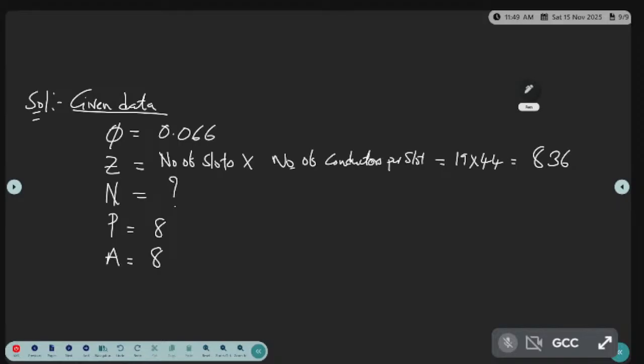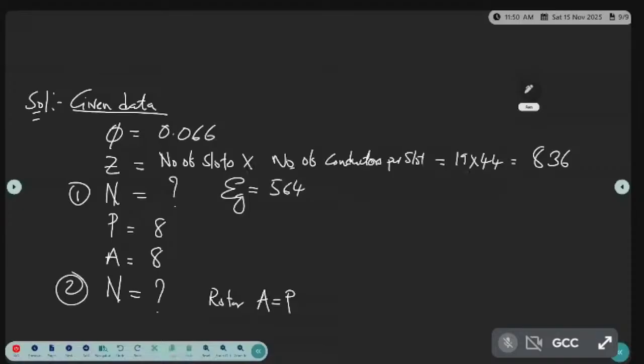The second question: find the speed when the total winding is connected as lap, so A is equal to P. Here A is equal to 8. EG is not changing, only the A value is changing. So write down the formula.